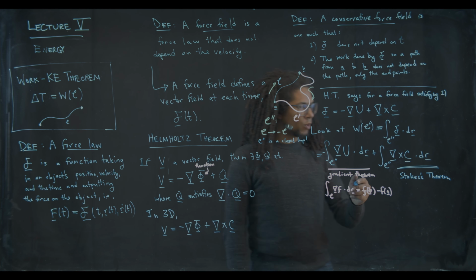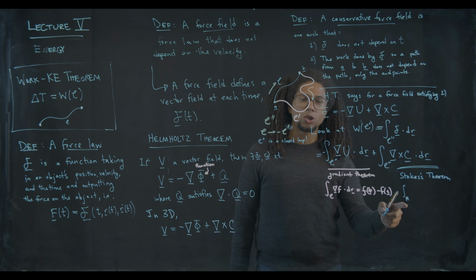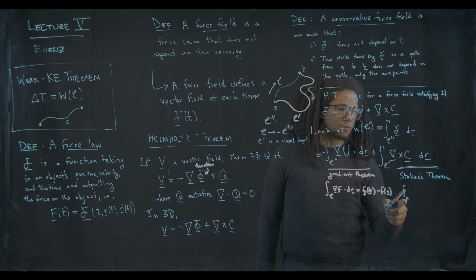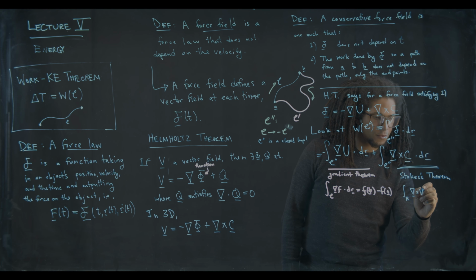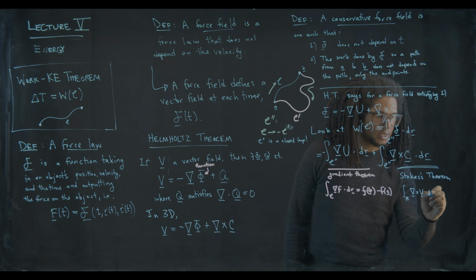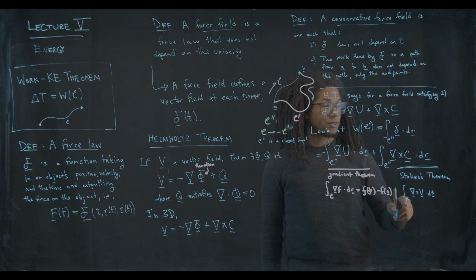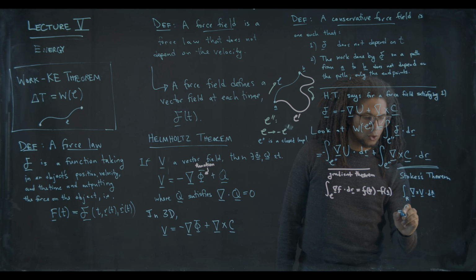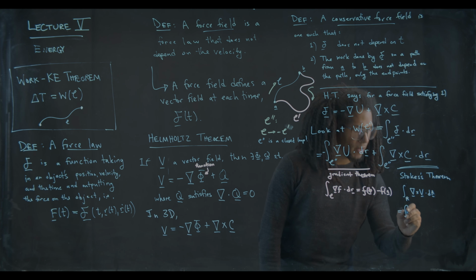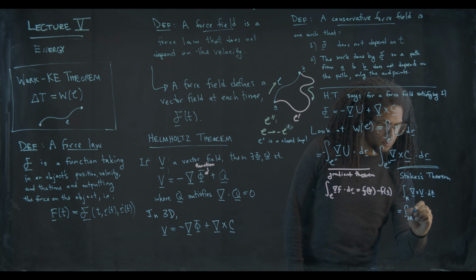Okay, now what Stokes's theorem says is that if I take the integral over a two-dimensional region R of the curl of some vector field V dot dA, so now this is a surface integral over a two-dimensional region R, that is equal to the integral over the boundary of R, which in math is often denoted using the partial symbol. So partial R means the boundary of R, of V dot dr.